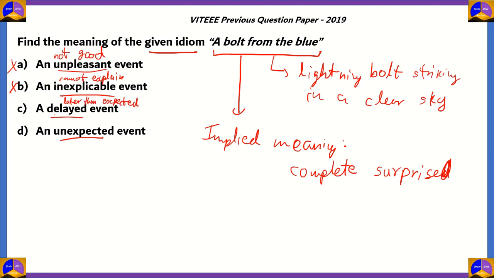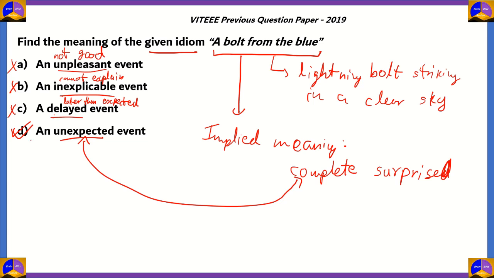So something did not arrive on time, it overshot its deadline, so you call it a delayed event. So option C is incorrect. The correct option is option D, an unexpected event. So you did not expect it coming, it was a complete surprise for you. So the idiom a bolt from the blue means an unexpected event that took you completely by surprise.